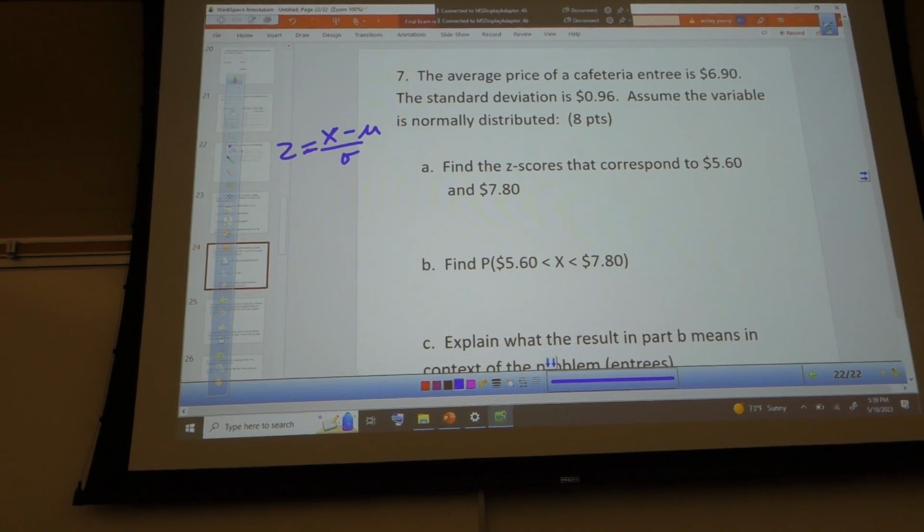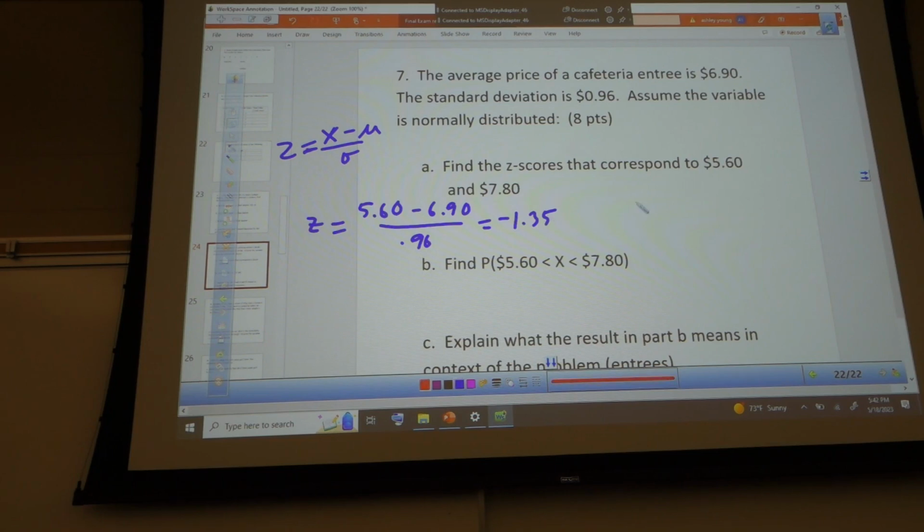Okay, let's take a look at the z-scores. The first z-score is going to be 560 minus the mean divided by the standard deviation, and you got negative 1.35.